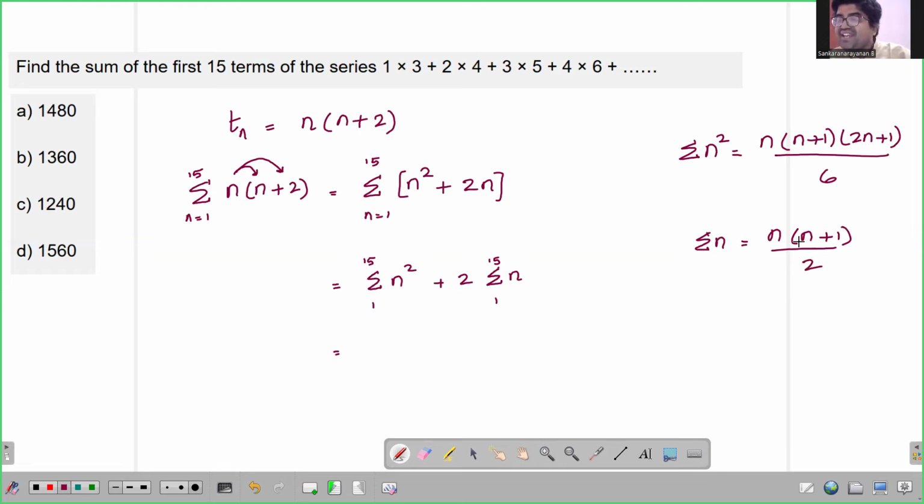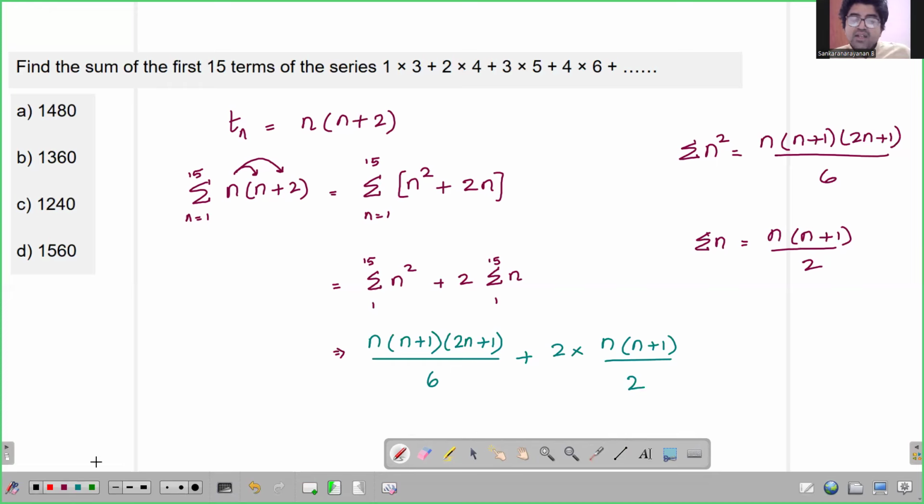Here you have to put n equal to 15 because 15 terms you are considering. So this will now become n into n plus 1 into 2n plus 1 whole divided by 6, plus 2 times sigma n, which is n into n plus 1 divided by 2.